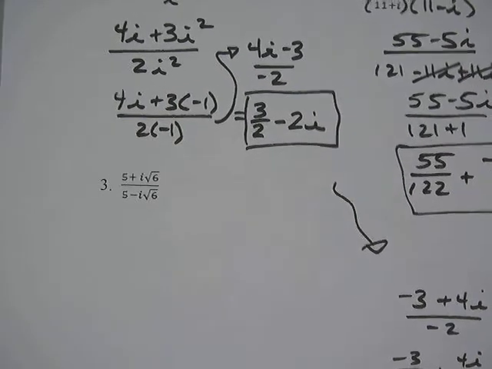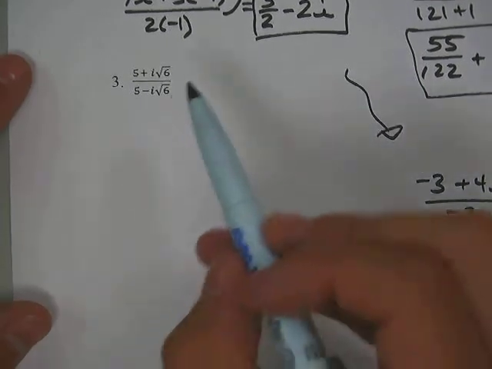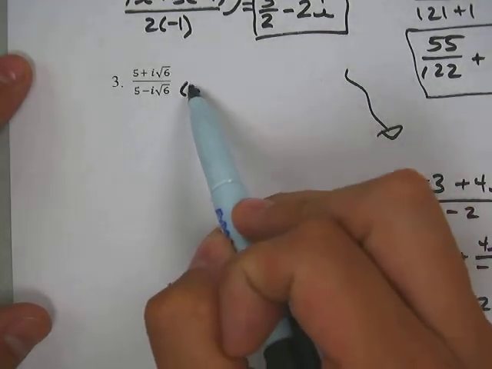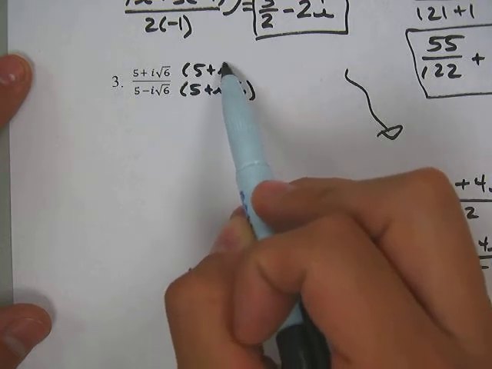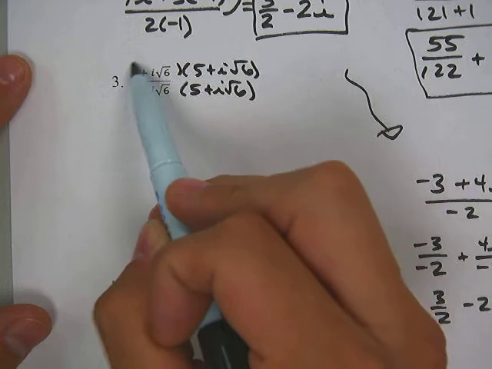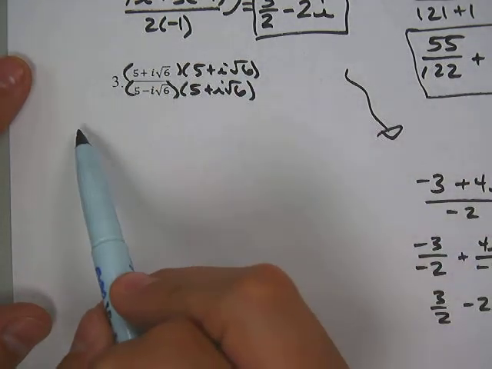Okay, let's try one more. We'll just throw a little bit of everything at you. Here we have radicals and i's, so the method isn't any different. We're still going to multiply by the conjugate, so let's do that. So 5 plus i root 6, 5 plus i root 6.